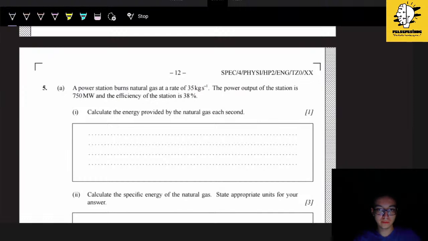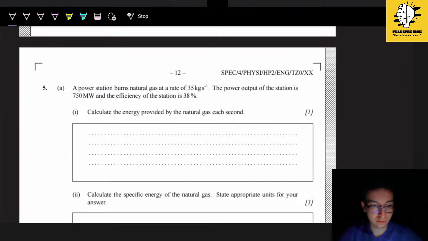Alright. Let me read the question. A power station burns natural gas at a rate of 35 kilogram per second. The power output of the station is 750 megawatts, and the efficiency of the station is 36%. Calculate the energy provided by the natural gas each second.